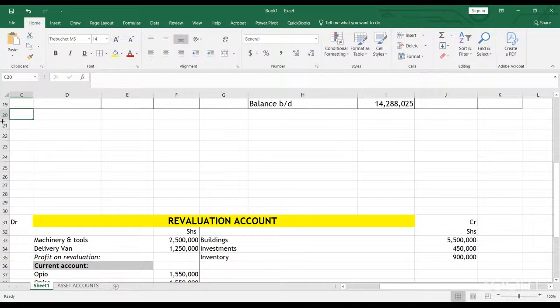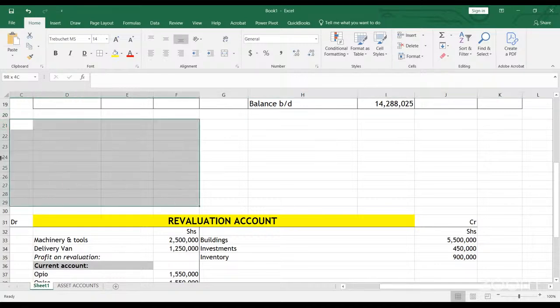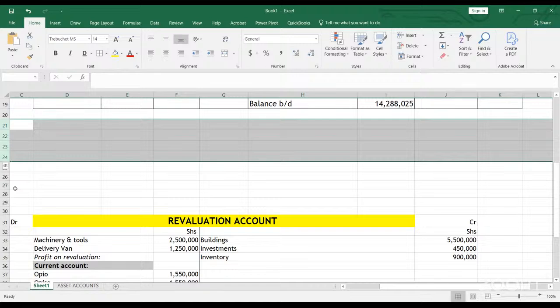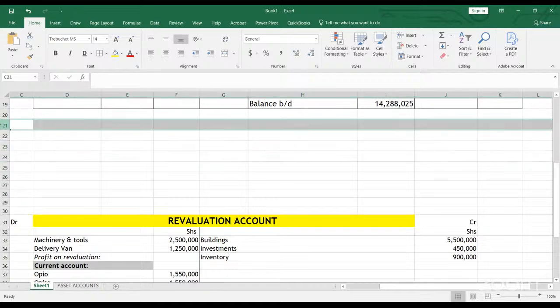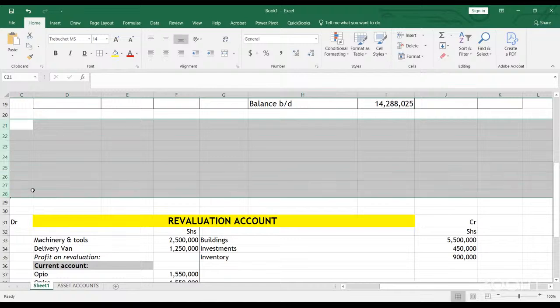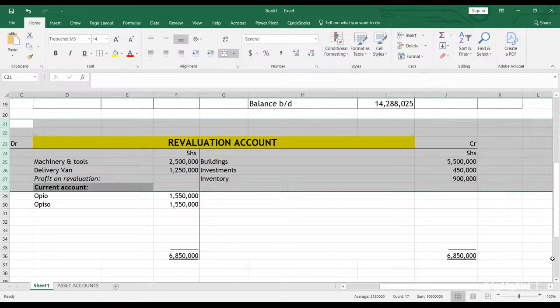That's the partnership account. Now, they also want you to come up with an opening balance sheet. I think we can do that, and then we call it a session.